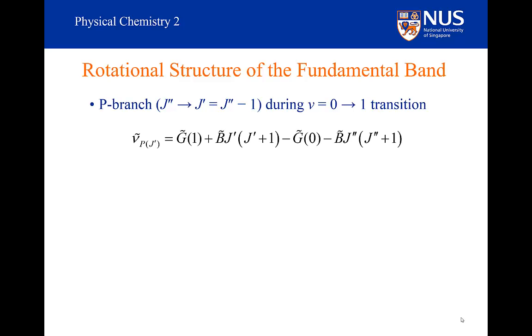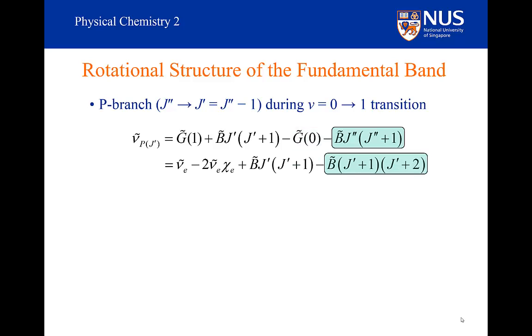This means that I can write down the frequency of any line in the P branch. Here is the total rovibrational energy of the final energy level. And here is the total rovibrational energy of the initial energy level, which I'm subtracting to find the difference, which will be the frequency of the spectral line.